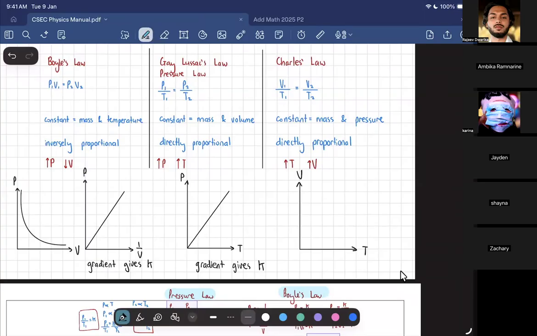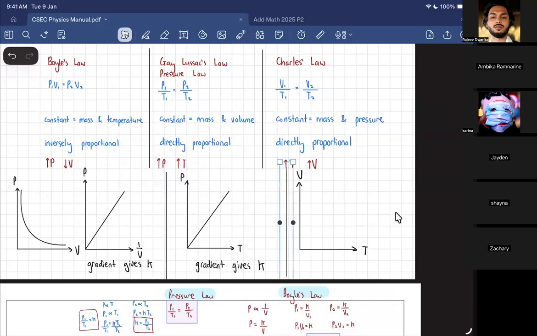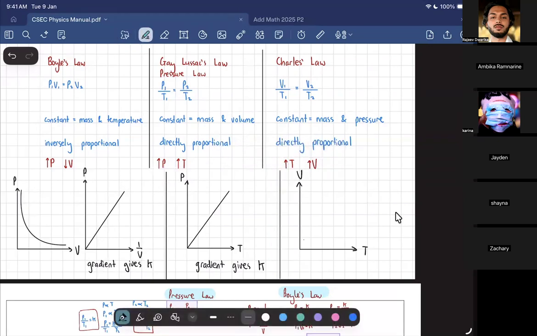Would it be a curve, an inverse proportional relationship, or would it be a line, a directly proportional relationship? It would be a straight line, because when one increases, the other one increases. And what will the gradient give you? K. Gradient gives K.